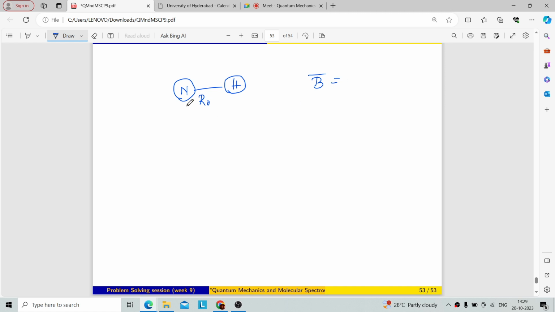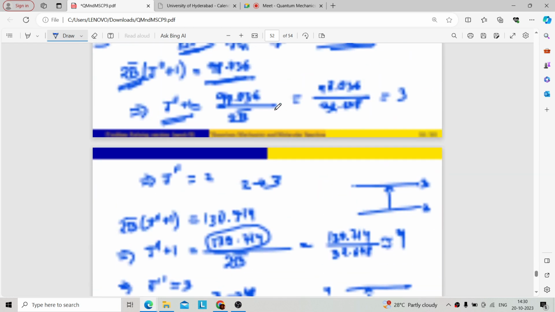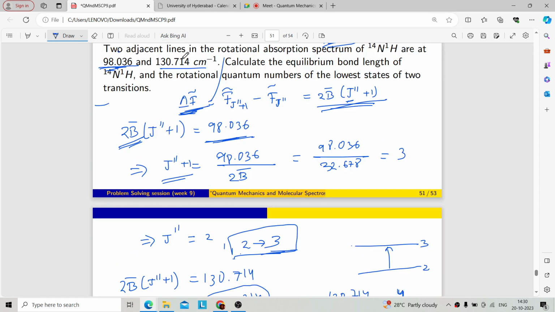Now we know the relation B equal to h over 8 pi square I_e. Now we can write this as I_e equal to h over 8 pi square B. But here in this question, B is given in terms of wave number, right?